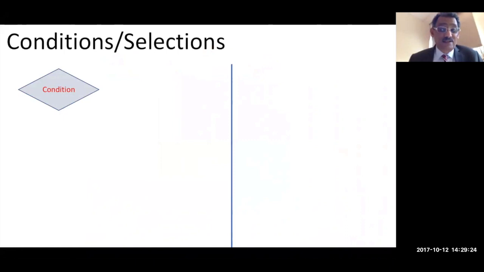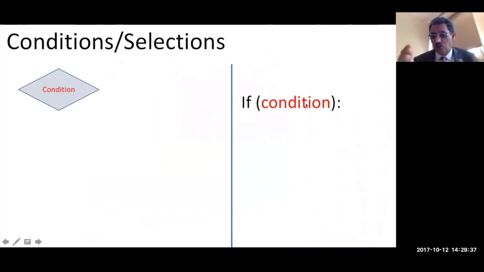If it doesn't meet, it's no or false. The way you write a condition in Python, you just say if, open bracket, then the condition. The condition can be x equals 5, or grade mark is more than this and less than this. We'll look at it in detail.